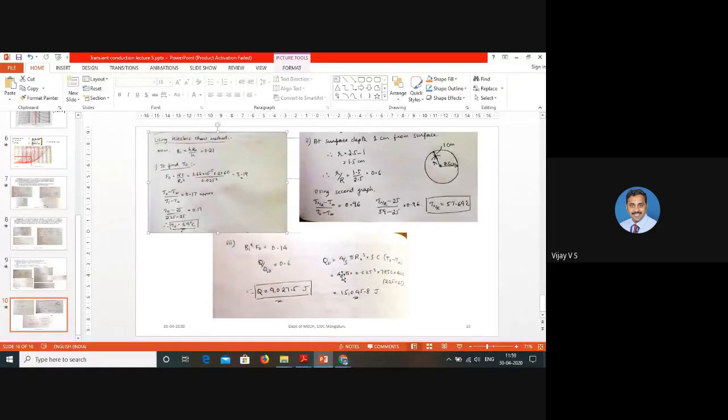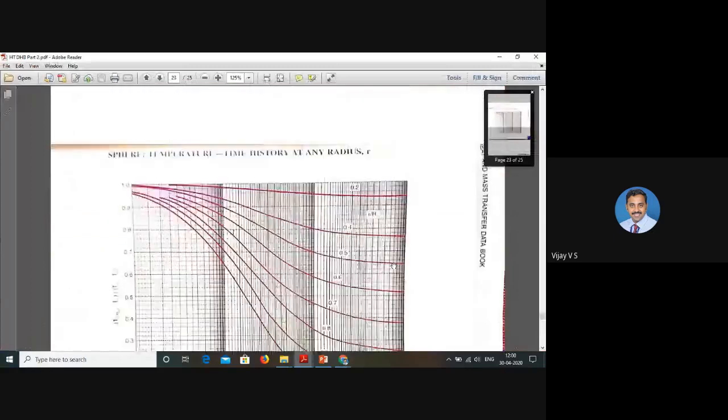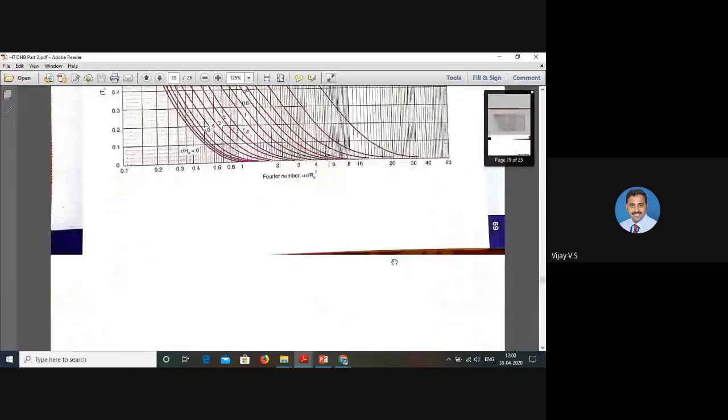Take 0.5. Now Q by Q naught I got. Q naught you have to find. Q naught value is available in the data handbook. Go to the first page here, transient conduction. That Q naught value I will show.